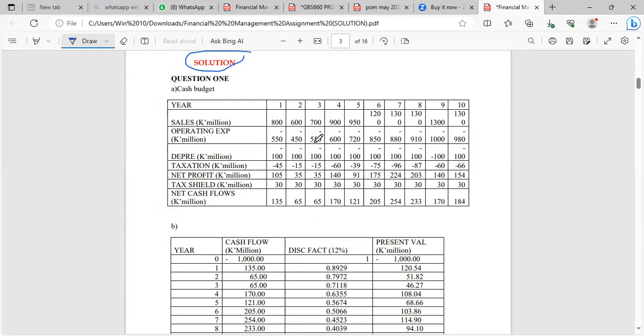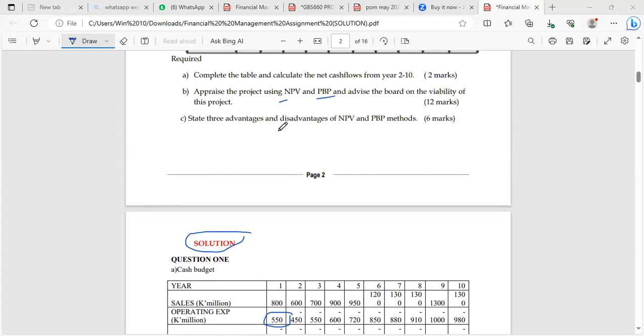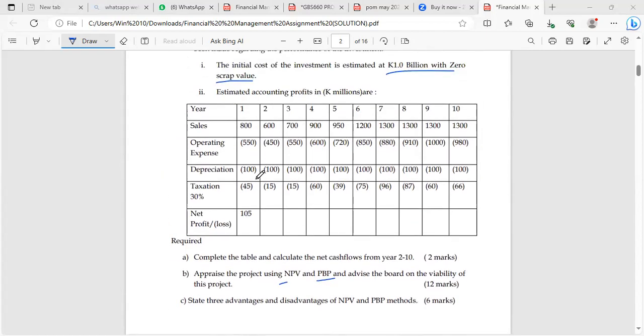So this one minus the operating expense, depreciation is a non-cash expense. So from here, we are subtracting sales minus operating expense minus the depreciation minus the taxation that we have.